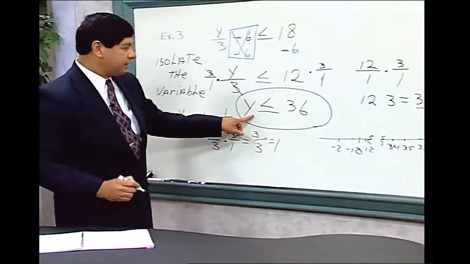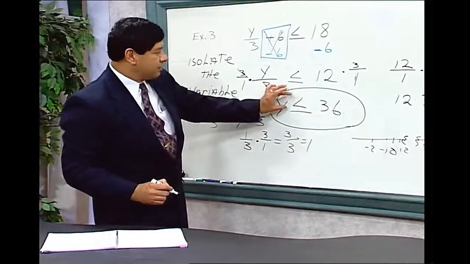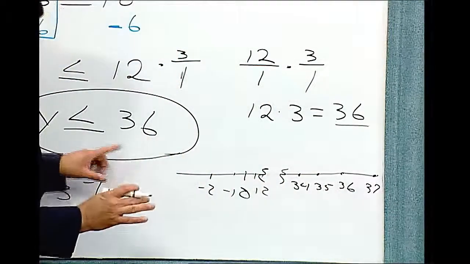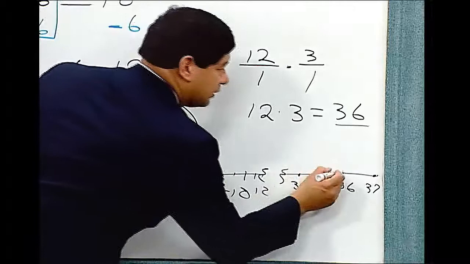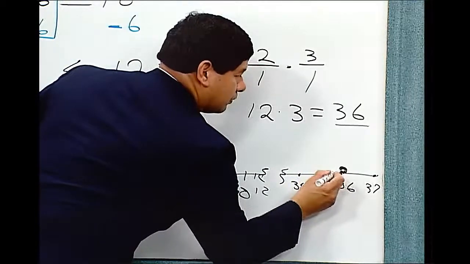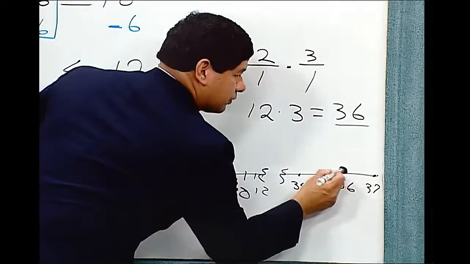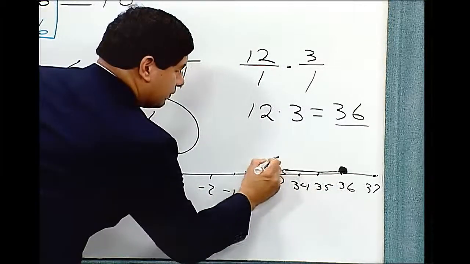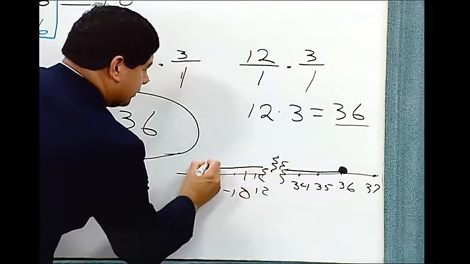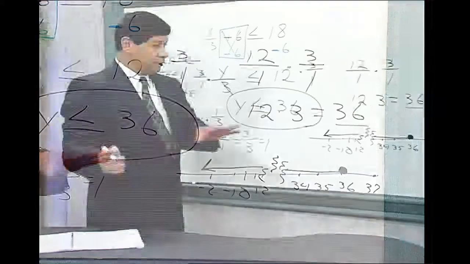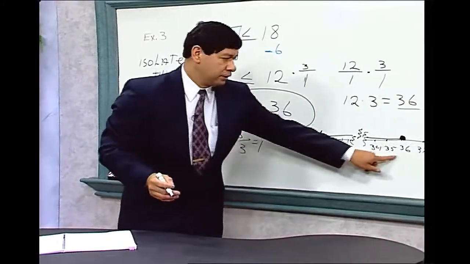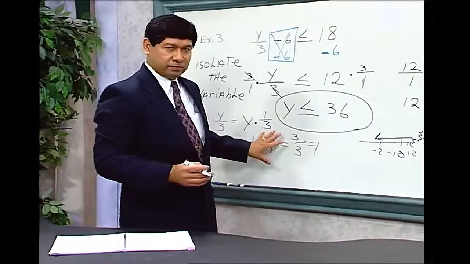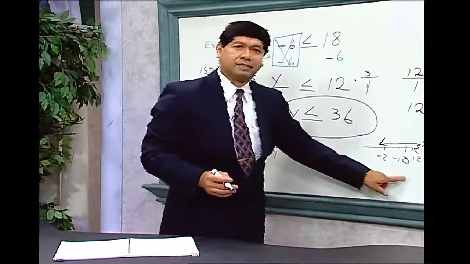So our solution in this case is y is less than or equal to 36, including 36. This time I'm going to draw in a closed circle and represent this. This is our solution. So our solution starts from 36 to negative infinity, or forever and ever, any integer less than 36.